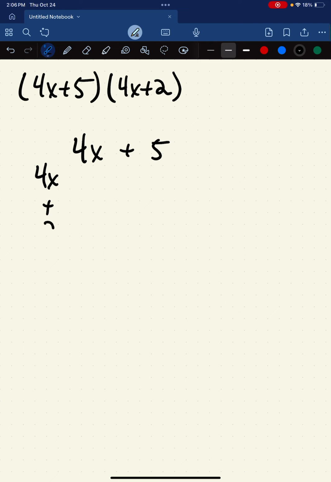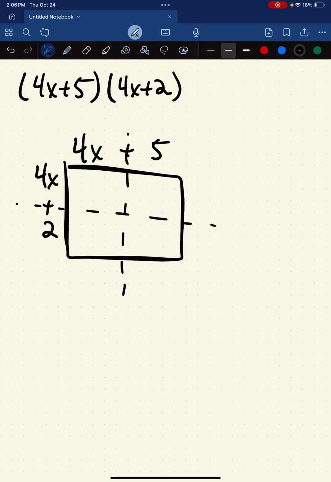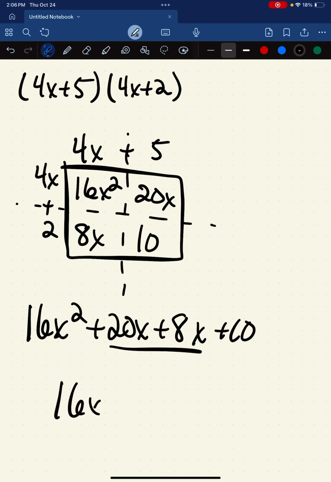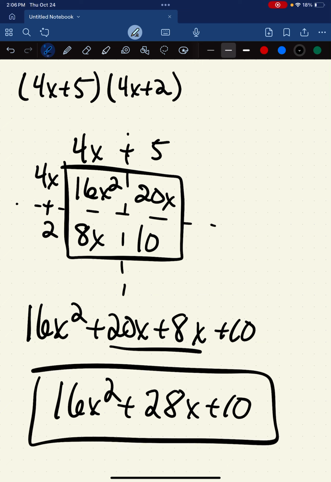We've got 4x plus 5, 4x plus 2. 4x and 4x is 16x squared. 5 and 4x is 20x. 4x and 2 is going to be 8x, and then 5 and 2 is 10. So we get 16x squared plus 20x plus 8x plus 10. We can simplify those two terms and get 16x squared plus 28x plus 10.